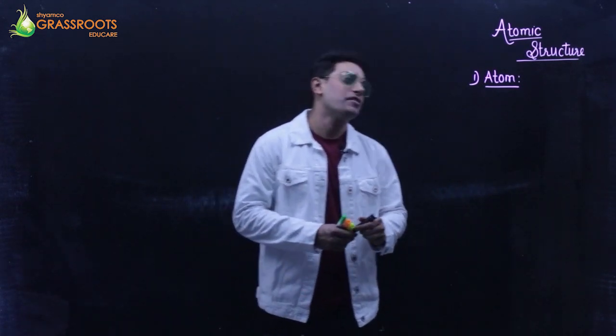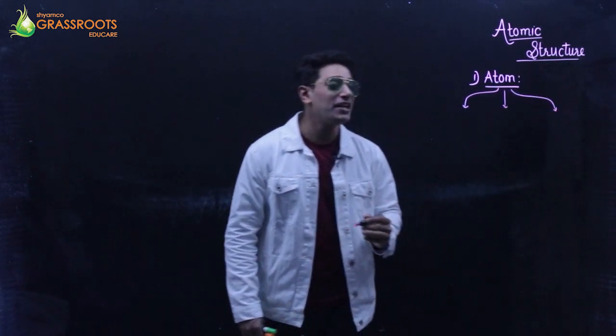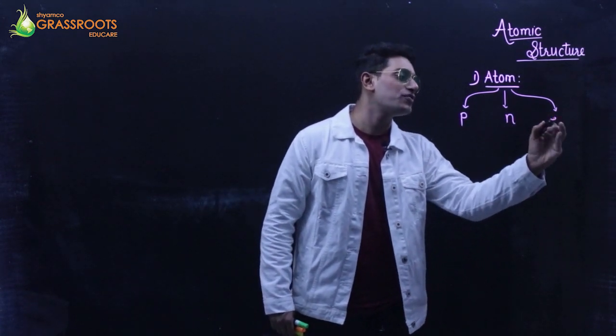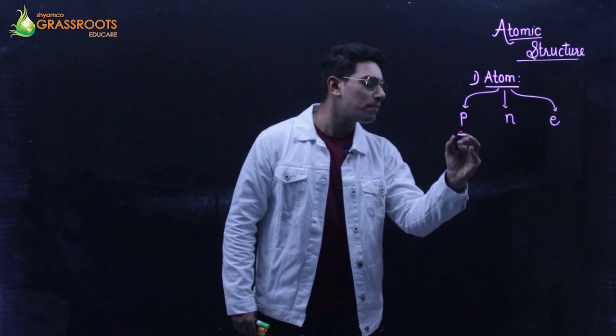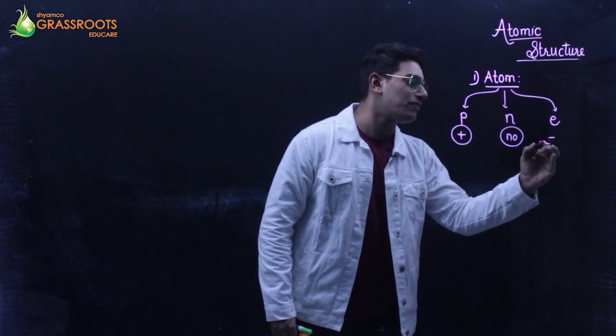Currently, I can say the atom can be divided into subatomic particles. We call them protons, neutrons and electrons. Protons are positively charged, neutrons have no charge, electrons are negatively charged.